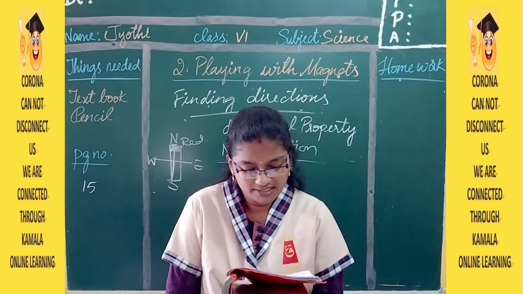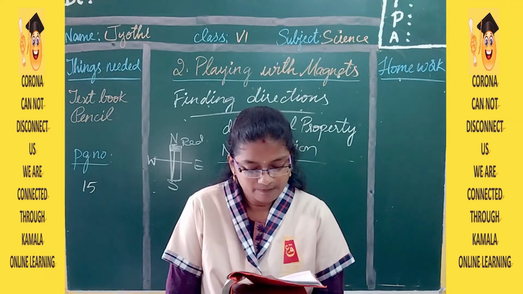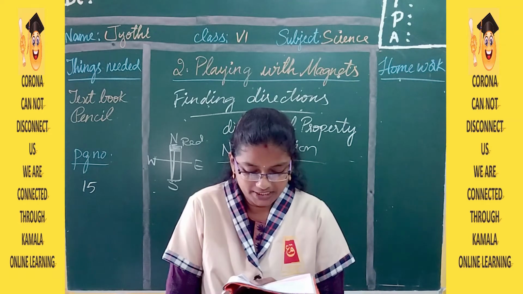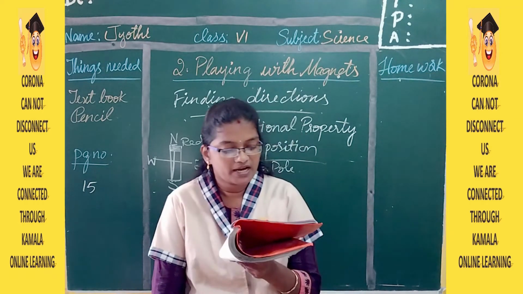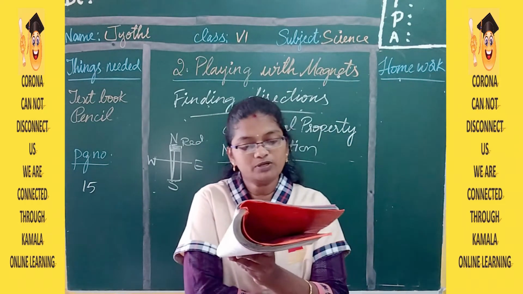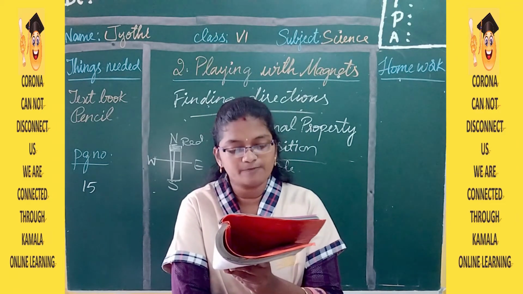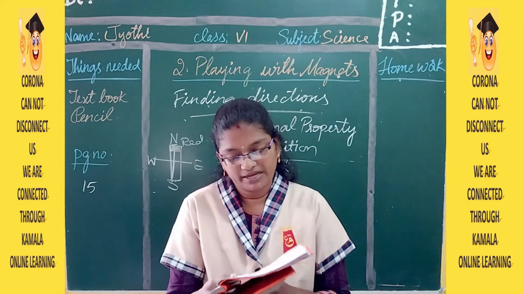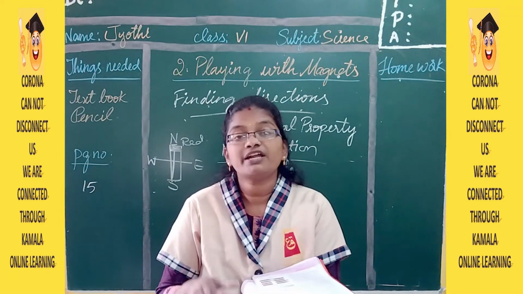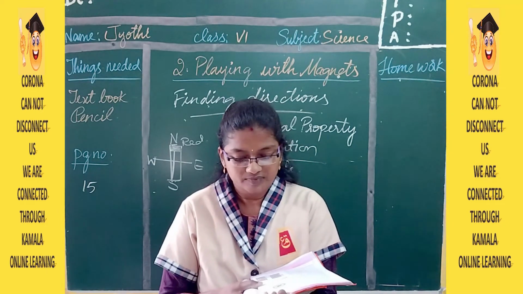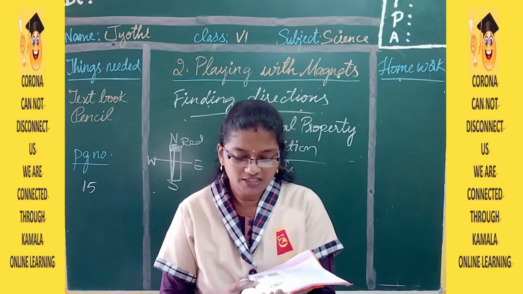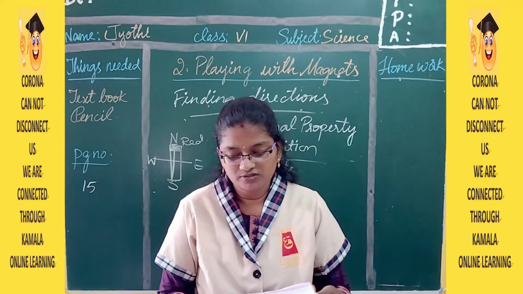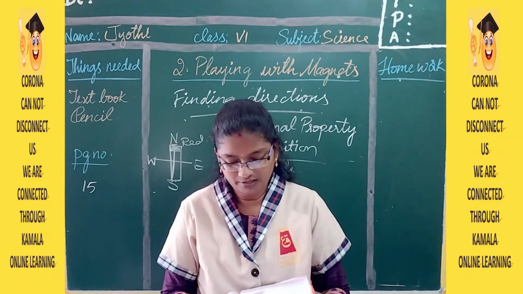The needle indicates the north-south direction when it comes to rest. The compass is then rotated until the north and south marks on the dial are exactly below the two ends of the needle. To identify the north pole of the magnetic needle, it is usually painted with a different color. Then we identify the north and south poles at that place. After that we can also find east and west between them.